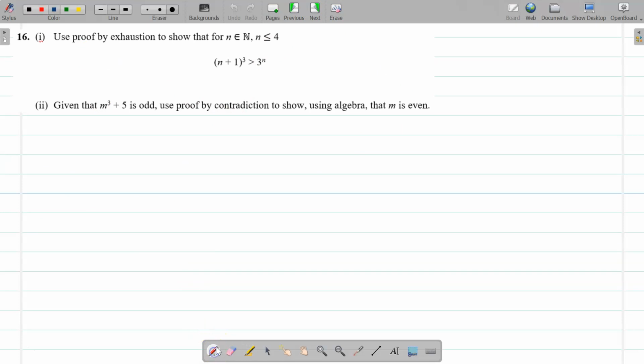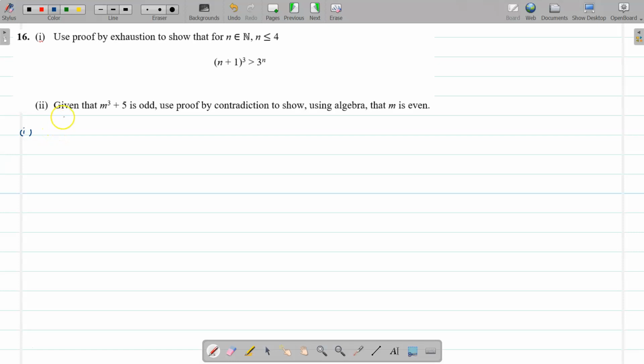Use proof by exhaustion. Now this is where you have to use up all the numbers. You have to do everything it asks you for, so there won't be many to do. And basically, if n is a natural number, it means it's 1, 2, 3 or 4 basically. So what you have to do is quite literally test all those 4 examples. So let's just start here. So basically the first one you do like this.